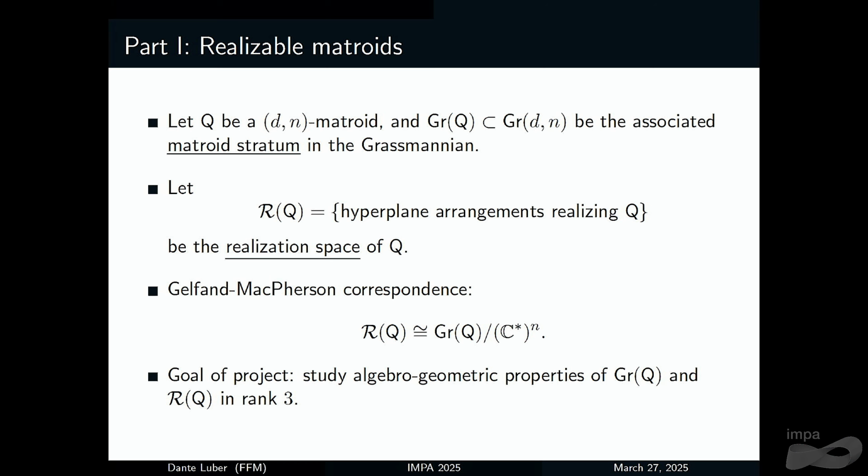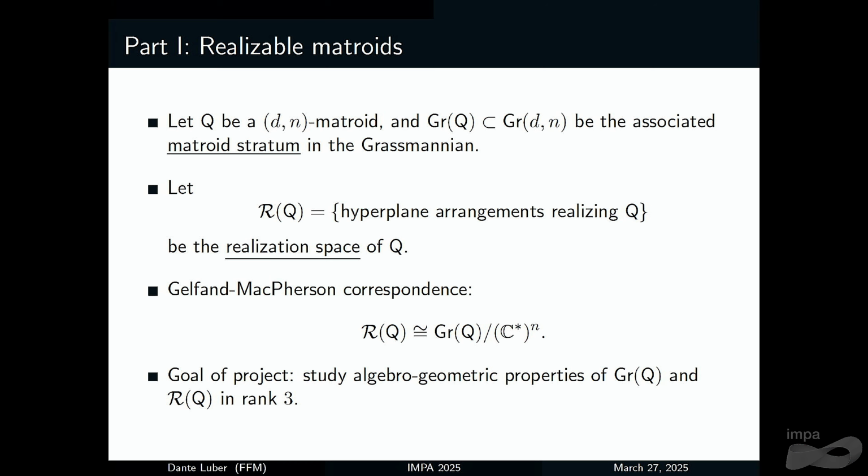And then in other talks, we've been hearing things about matroids that we get from hyperplane arrangements. Yeah? And I'm going to be kind of loose with talking about the moduli space of hyperplane arrangements which parameterize a matroid, or the substrata in the Grassmannian corresponding to that matroid, because these things are very closely related by the Gelfand-MacPherson correspondence.